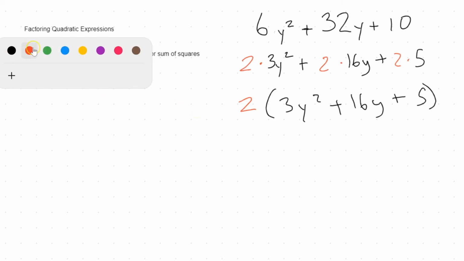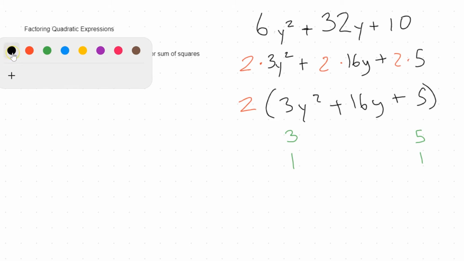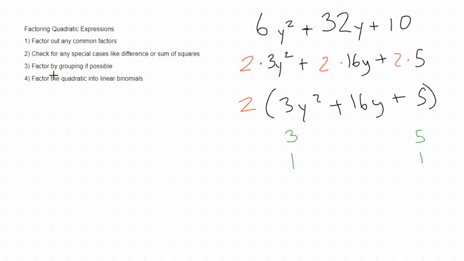So first what I'm going to do is break 3 up into its factors. So that's, for example, 3 and 1. And I'm going to do the same thing with 5. What are the factors of 5? We have 5 and 1, right? So what I'm going to do is multiply the 3 times the 1 and the 1 times the 5.